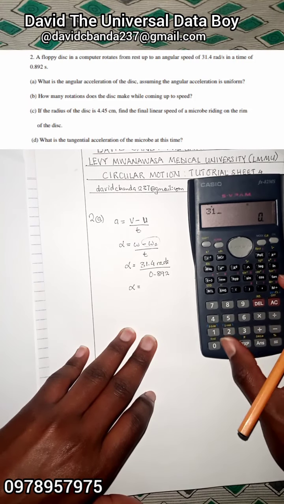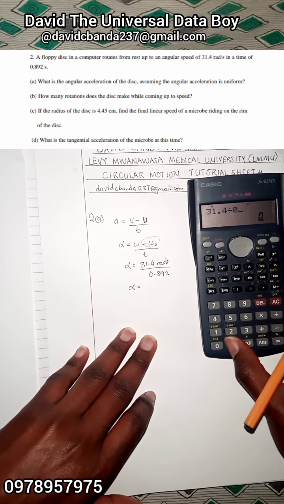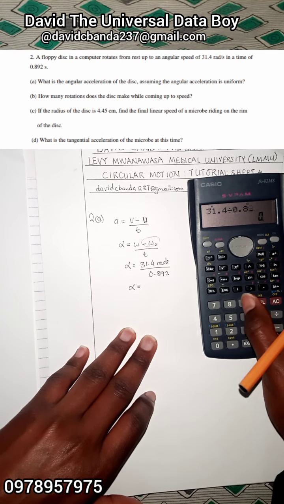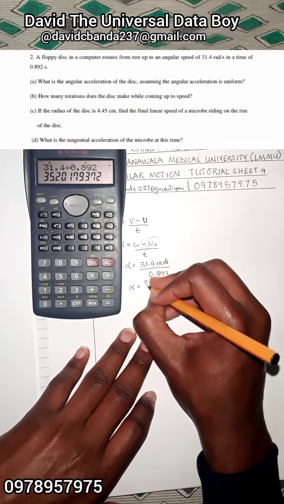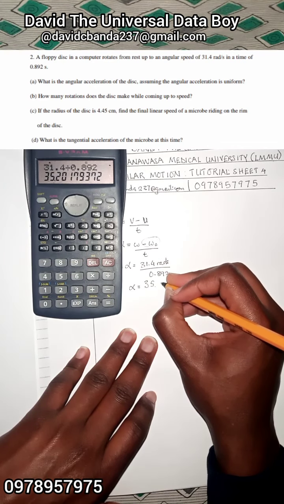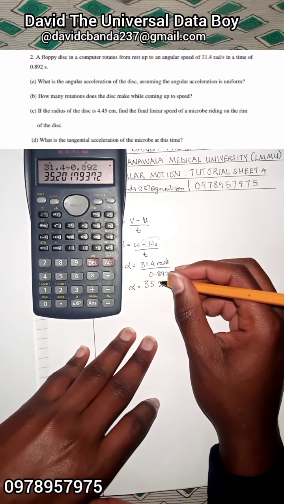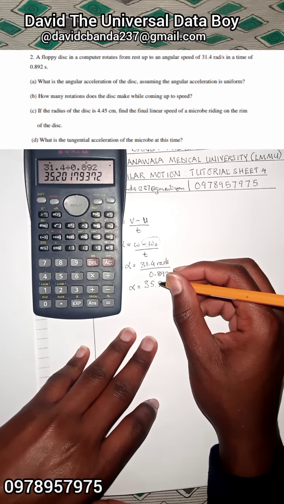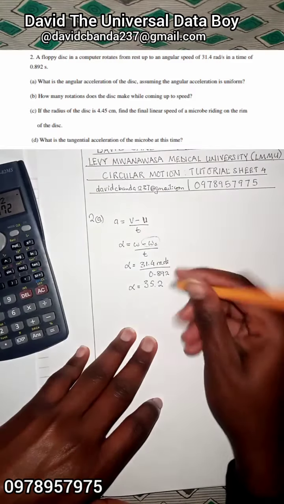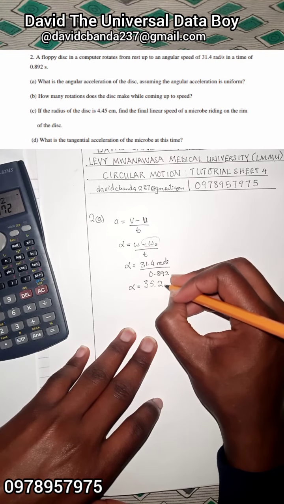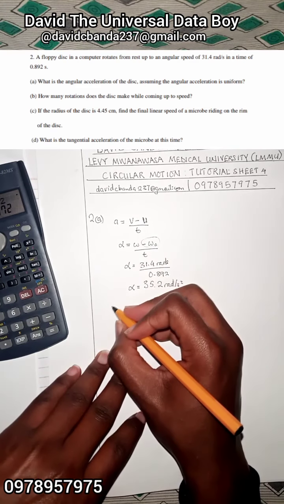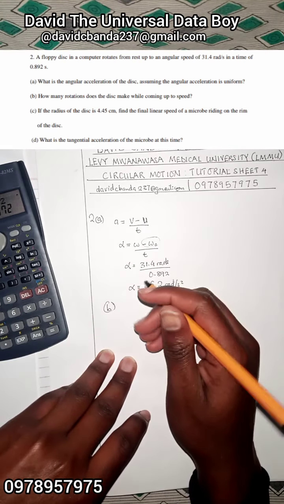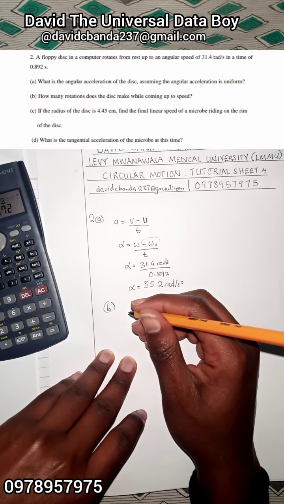So 31.4 divided by 0.892, that will be 35.2. And then we'll choose to use 3 significant figures because those are the significant figures in the question. That's in rads per second squared. Those are the units.